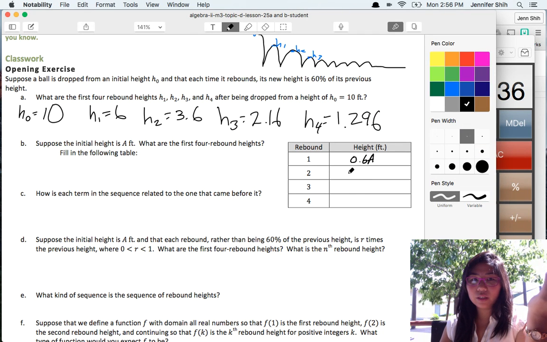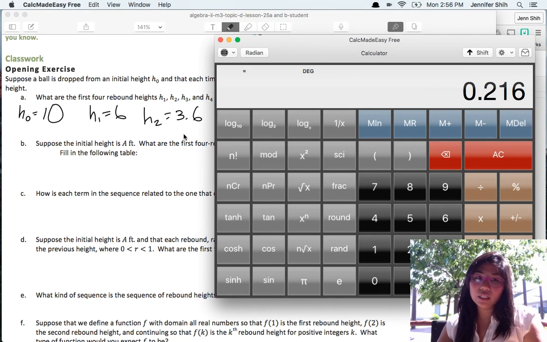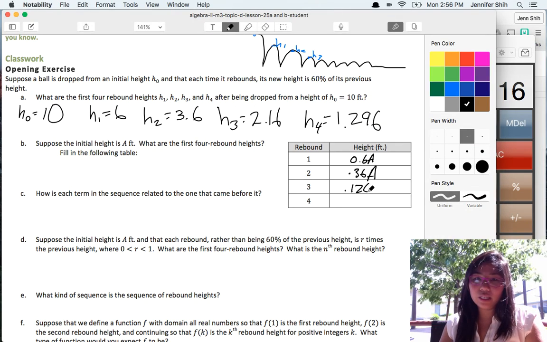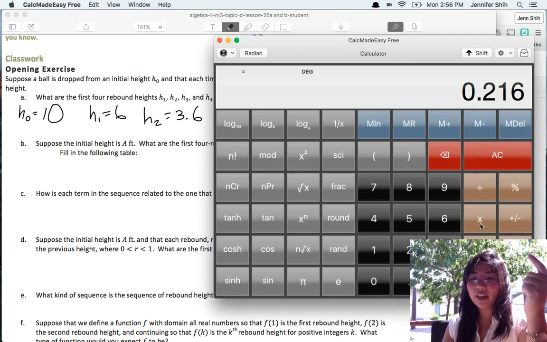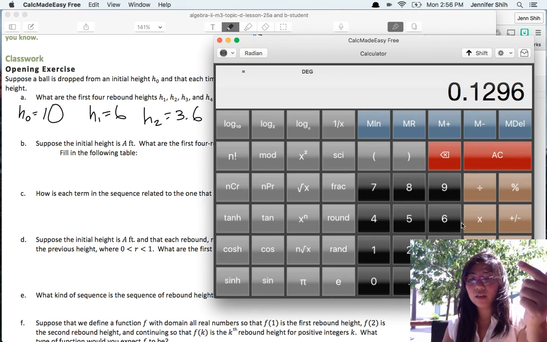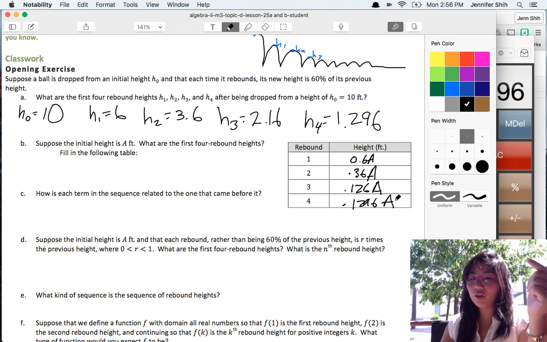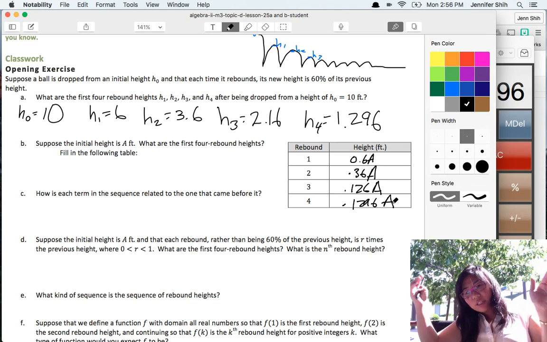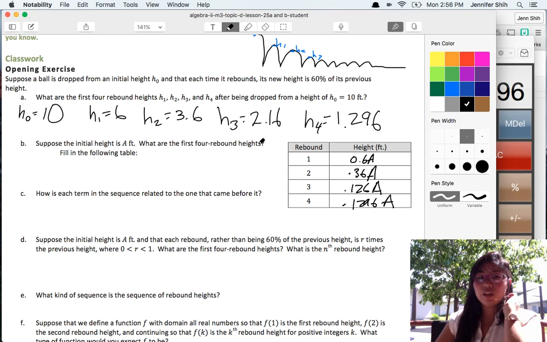So 0.36 of the height A. And then we did 0.6 of that, so times 0.6, which is 0.216. 0.216 of the height. And then we did 0.6 of that, so times 0.6, so then we did 0.1296 of the original height. What we're going to do is we start with numbers and we're slowly going to replace them with variables so that we can have a general formula for this.